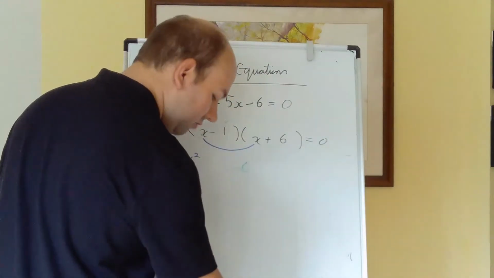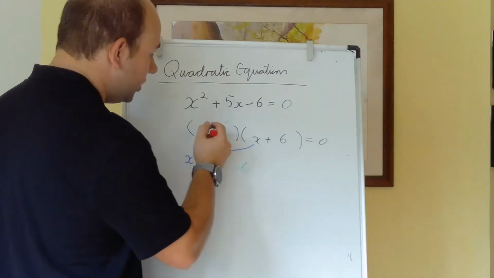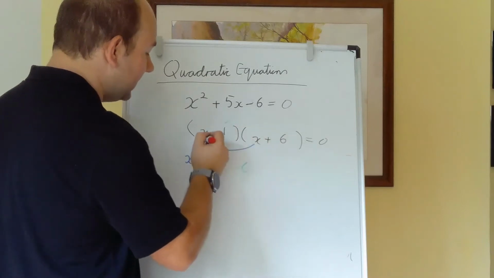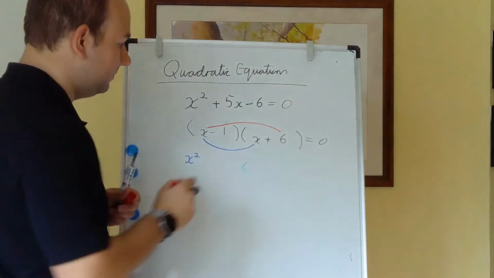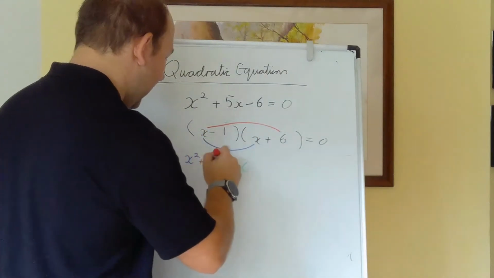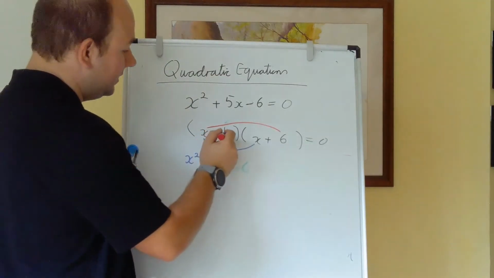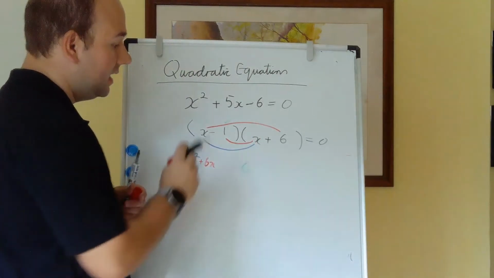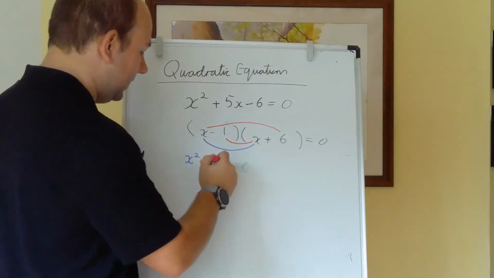And now I'm going to swap to the red pen. What we do then is we take the first term in the first bracket and we multiply it by the second term in the second bracket. So plus 6 times x is plus 6x. And we take the second term in the first bracket and we multiply it by the first term in the second bracket. So we've got minus 1 times x is minus 1x.